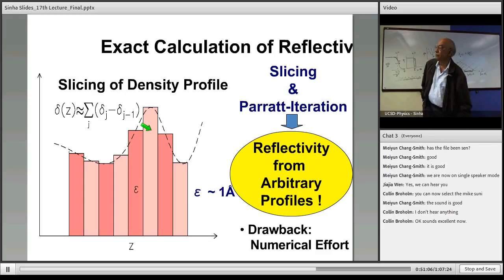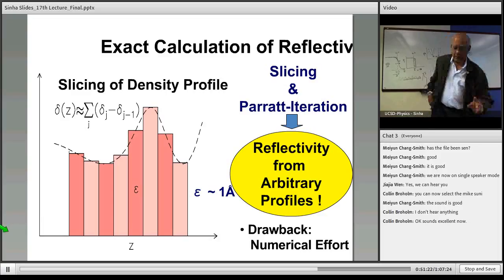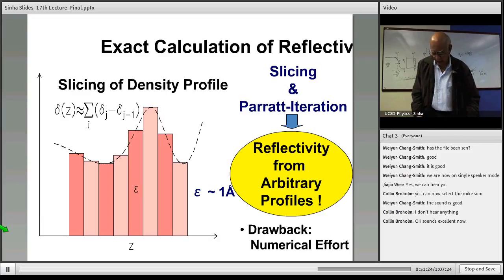So the only drawback, as I said, is the numerical effort, but otherwise you can get it as accurate as you like from an arbitrary profile. So now I think I'm going to go to the board and write down equations which were a bit clumsy to do in PowerPoint.